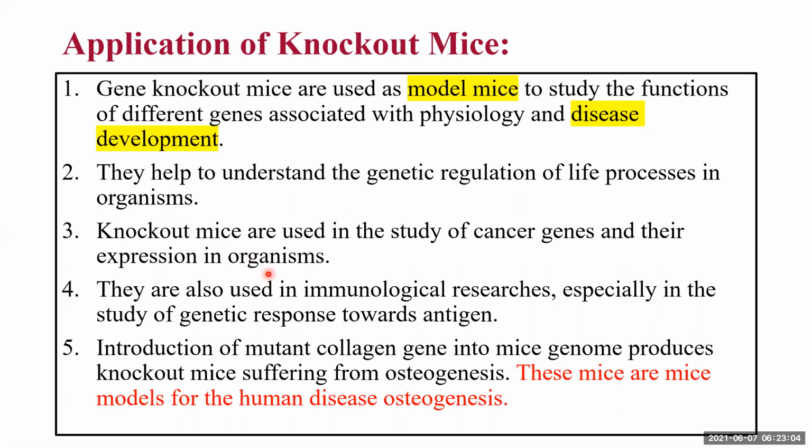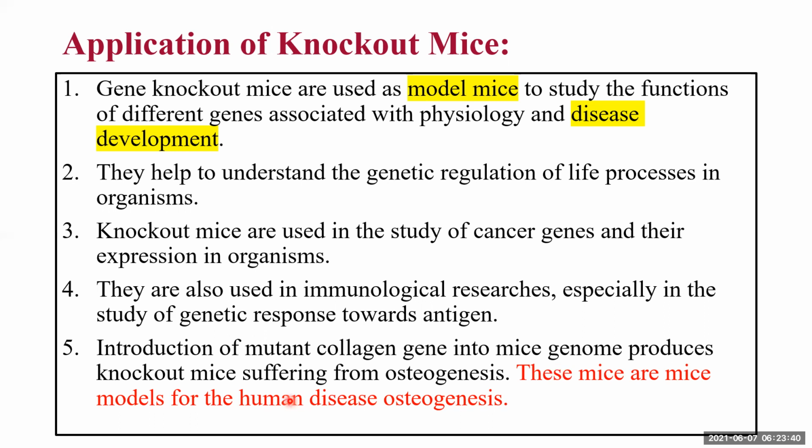Knockout mice are used in the study of cancer genes and their expression in organisms. They are also used in immunological research, especially in the study of the genetic response towards antigen. Introduction of a mutant collagen gene into the mouse genome produces knockout mice suffering from osteogenesis. So these are models to study human osteogenesis disease.